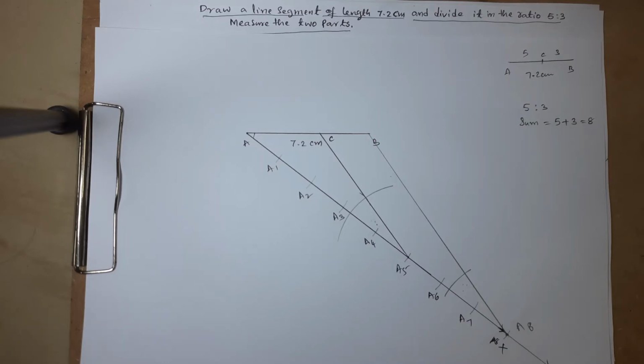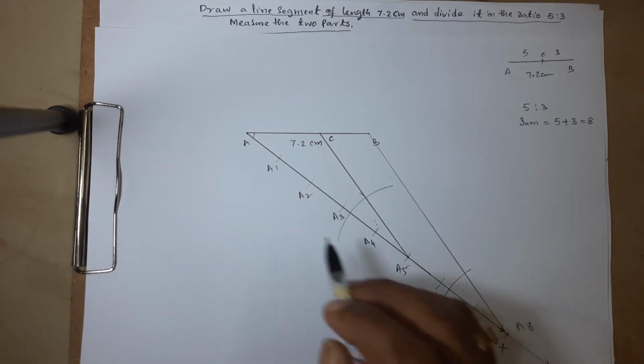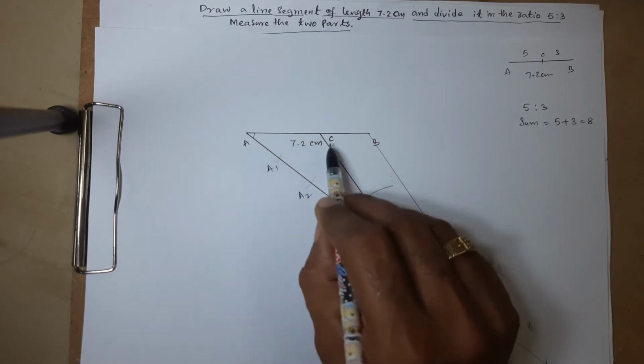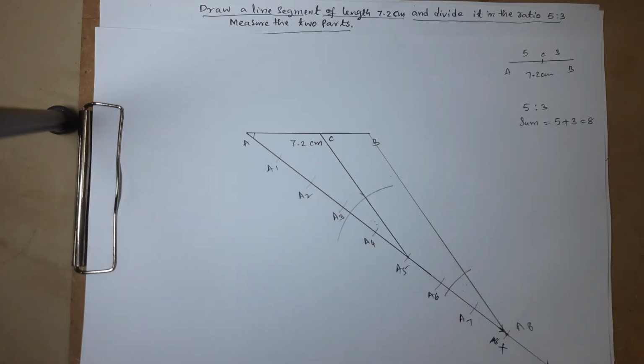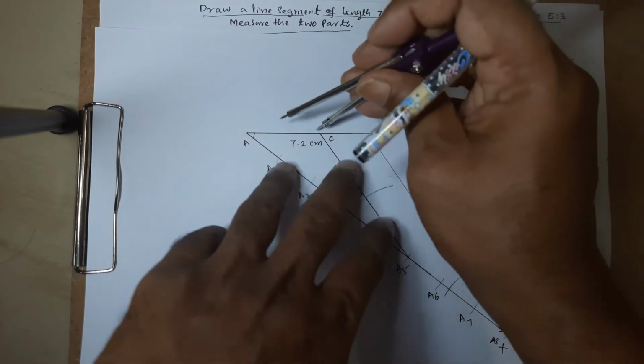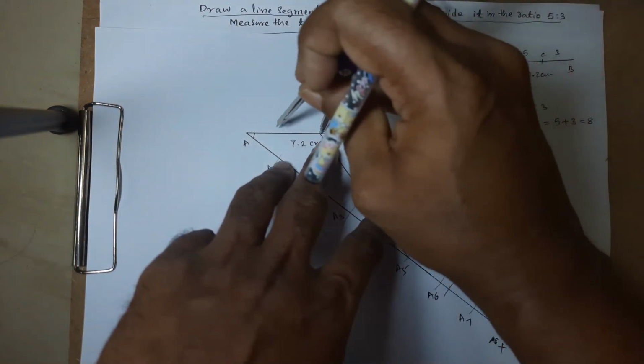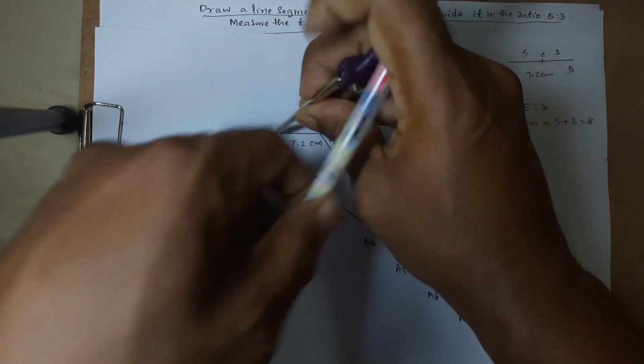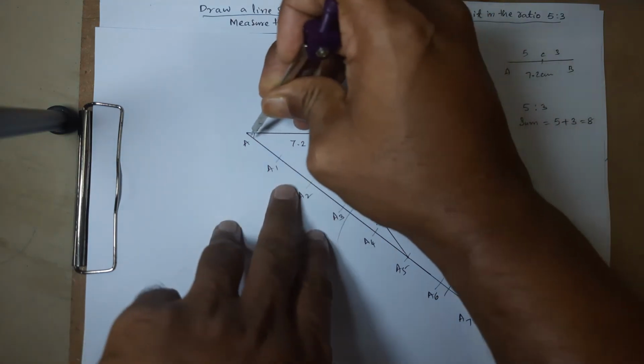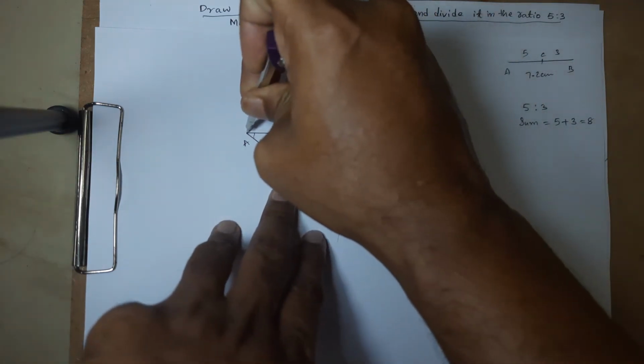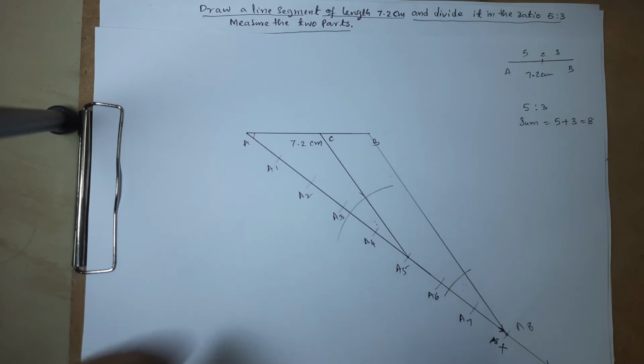Okay. Now, the next step is we have to measure this AC and BC. Take the divider and measure the distance from A to C. Right.